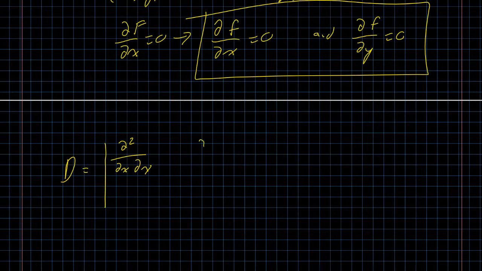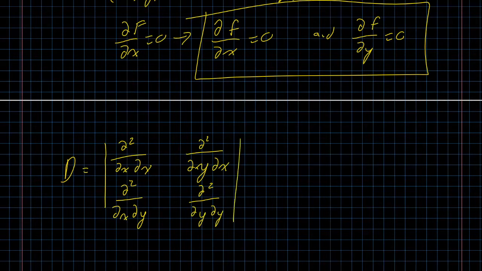We're going to set up the partial derivative where we take the derivative with respect to x and then y. We're going to set up taking the derivative with respect to y then x. And we're going to set up taking with respect to y twice. And it's going to give us a 2 by 2 matrix, and we're going to find the determinant of that matrix. We call that matrix D.